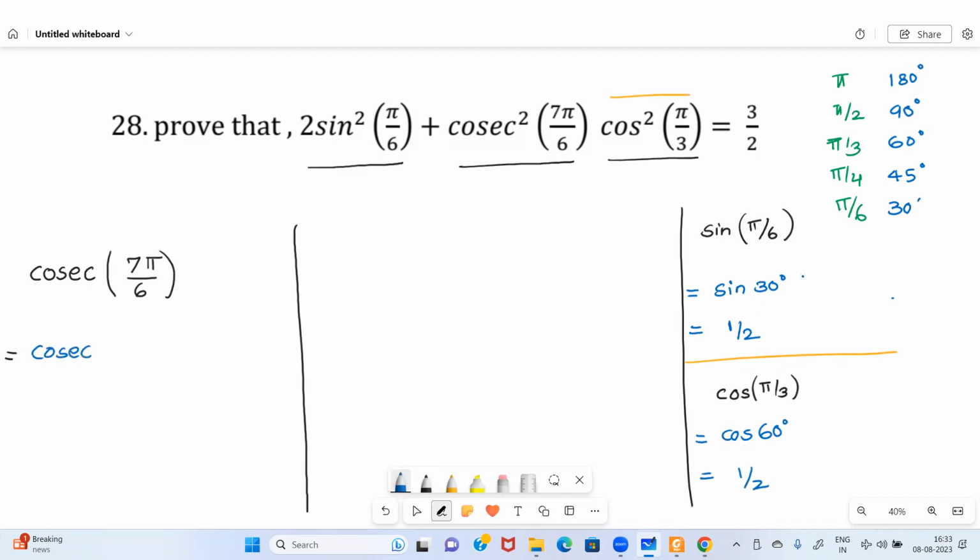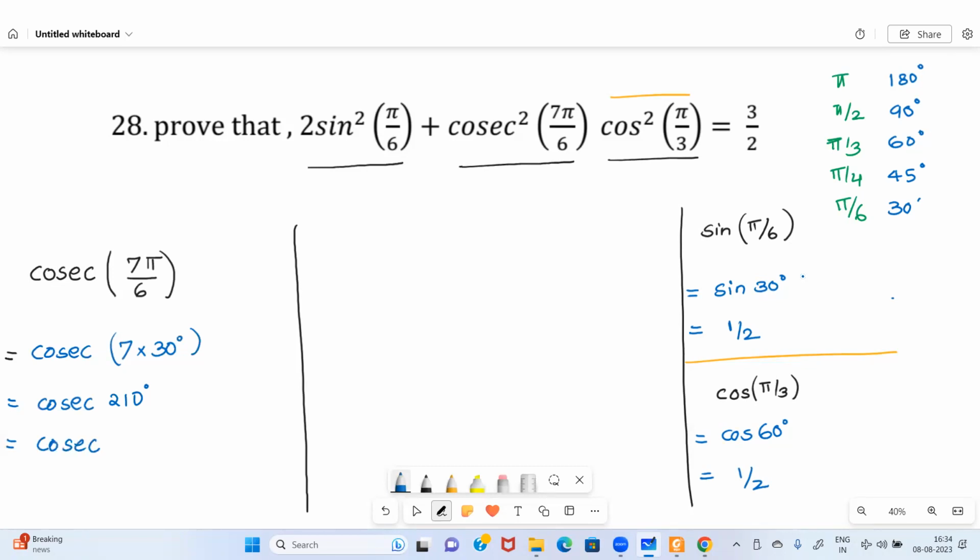So then what will it be? It is nothing but 7 into, what is pi by 6, students? 30 degrees. So it's 7 into 30 or 210 degrees. Okay? Now, cosecant 210.